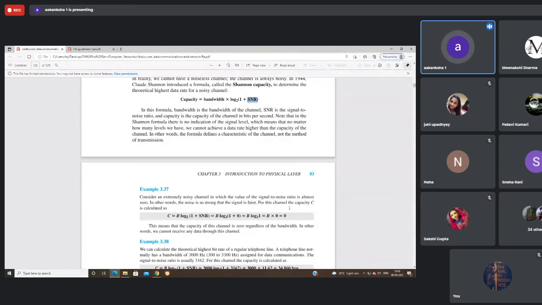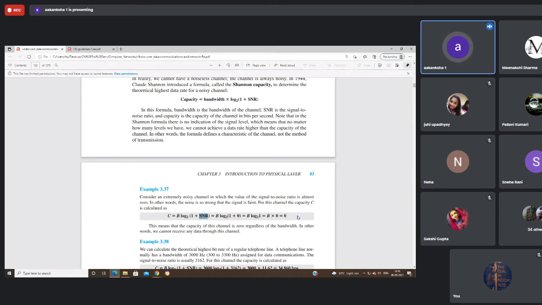For this channel, the capacity is calculated as C = B log2(1 + SNR). Because SNR is low, meaning high noise, it is B log2(1 + 0) = B log2 of 1, which is B times 0, which is 0. So the capacity of the channel will be 0. Shannon says if the signal to noise ratio is nearly 0, the noise is so much that you cannot transmit a signal and it cannot be interpreted at the receiver side, and there is only noise.